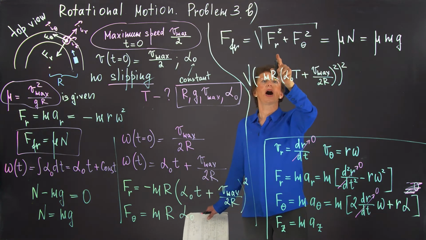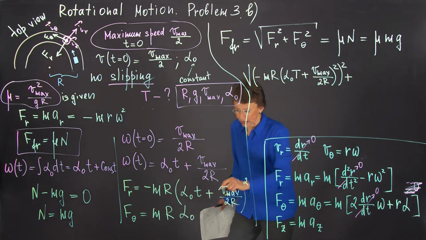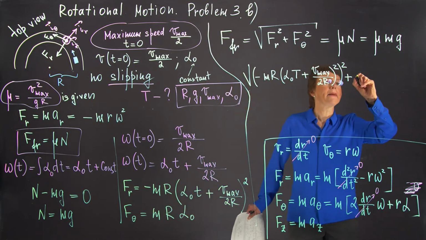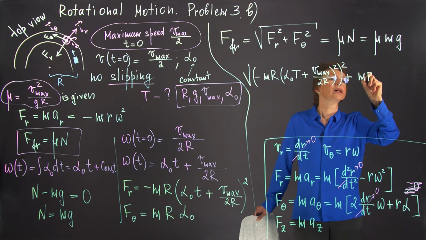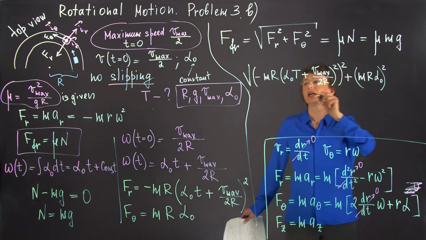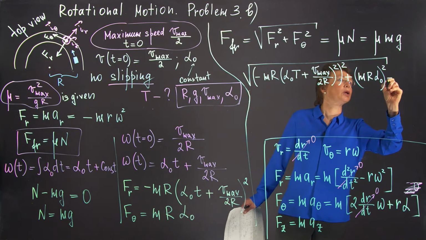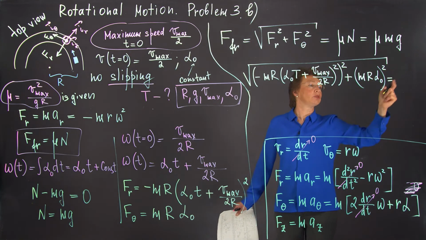This is F r squared plus F theta squared. What is F theta? m R alpha naught, squared. Square root. And this is equal to mu mg.